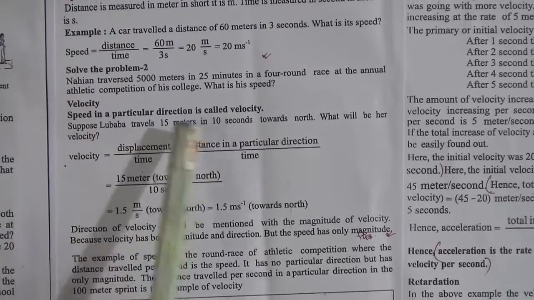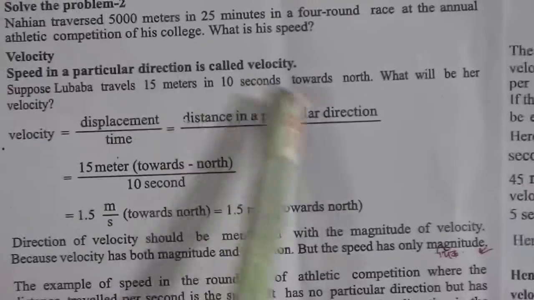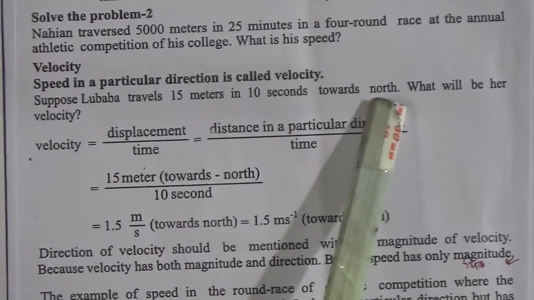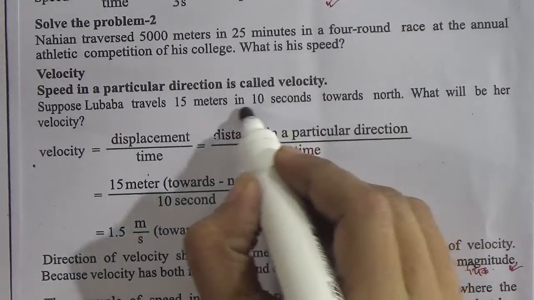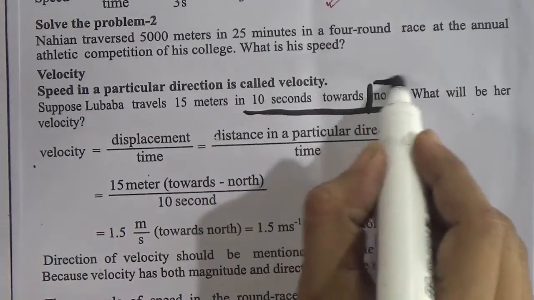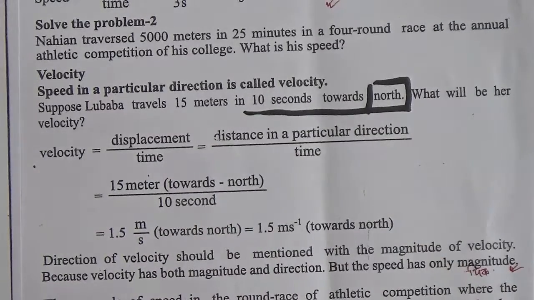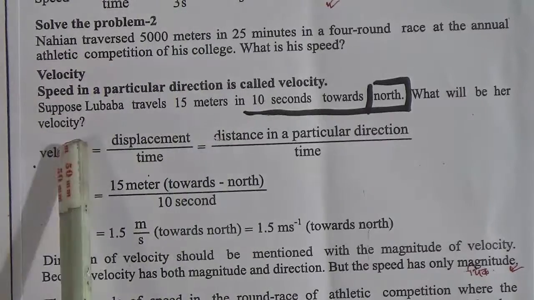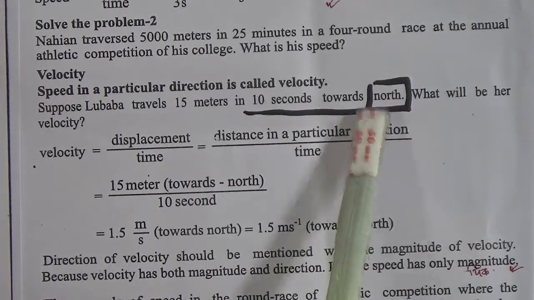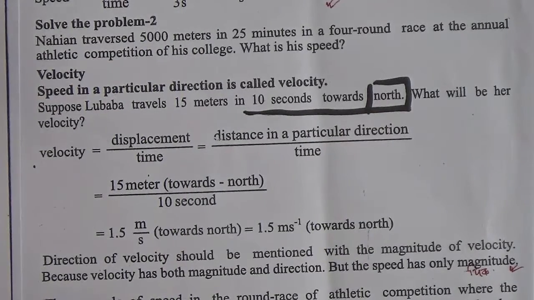Lubaba travels 15 meter in 10 seconds towards north. Here you look, it is mentioned north. It is the main difference between speed and velocity. What will be her velocity?